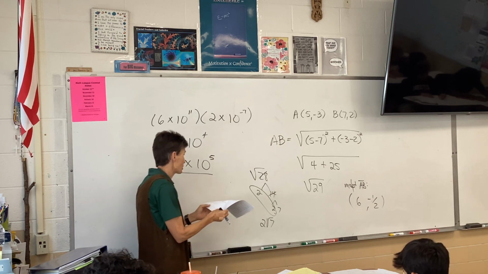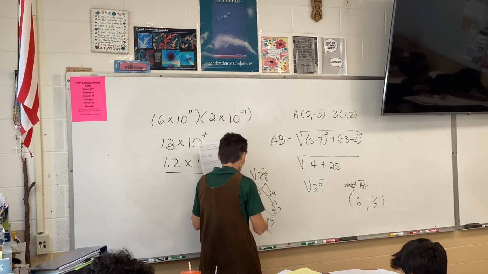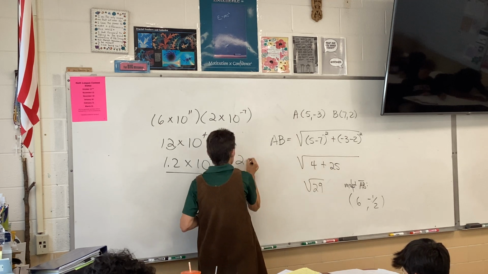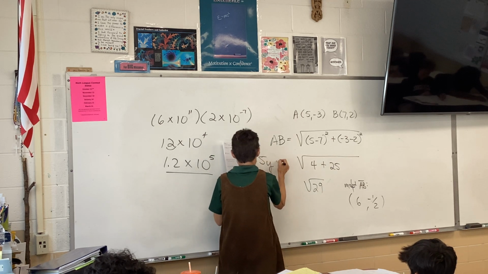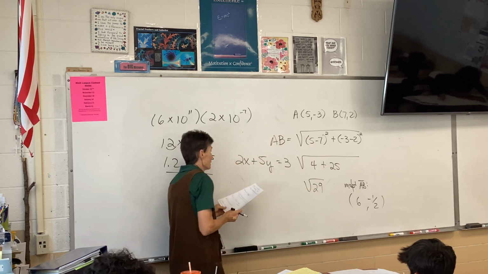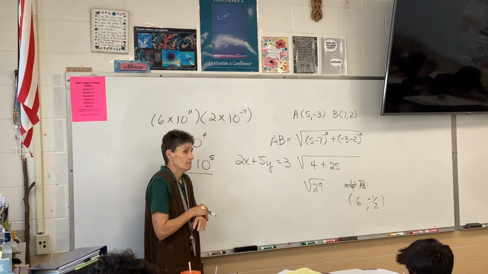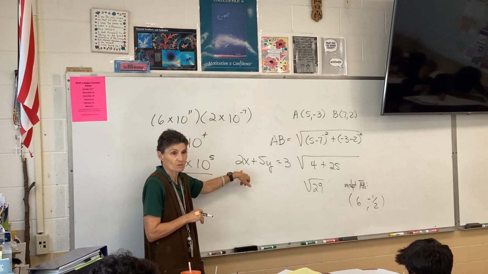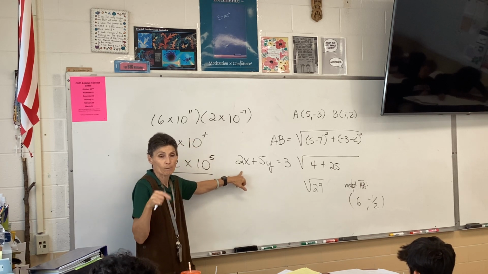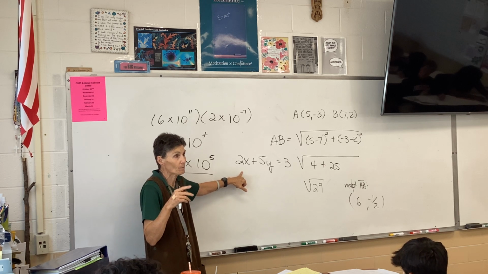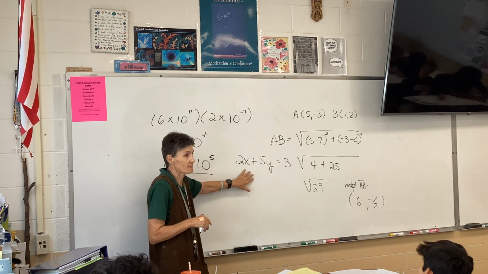What is the slope of a line perpendicular to this one? Well, I need to find the slope of this one. I know to do a perpendicular slope, it's the negative reciprocal or the opposite reciprocal, but I don't know what the slope of this line is.